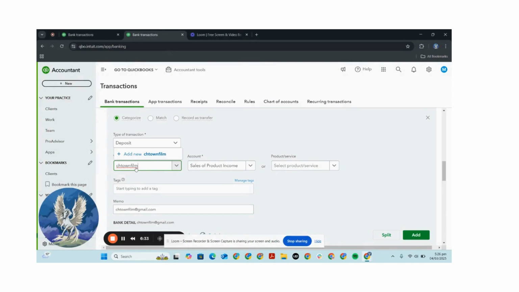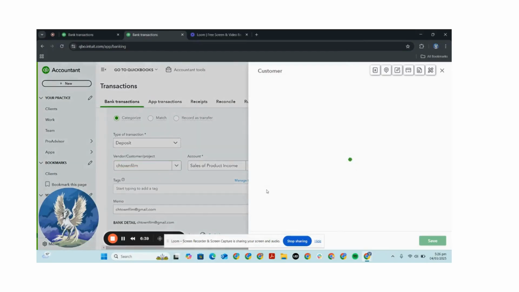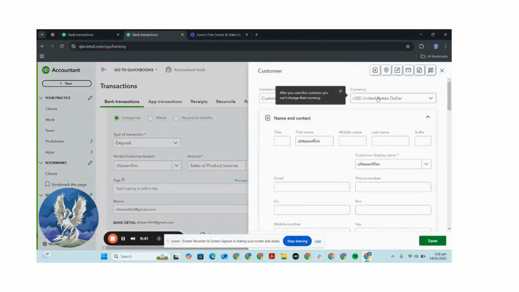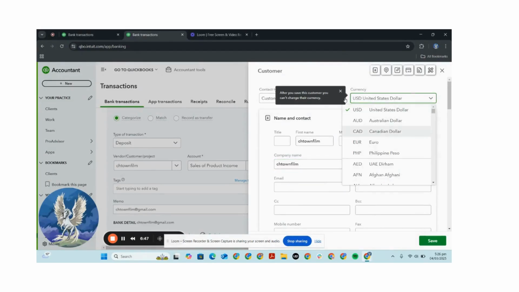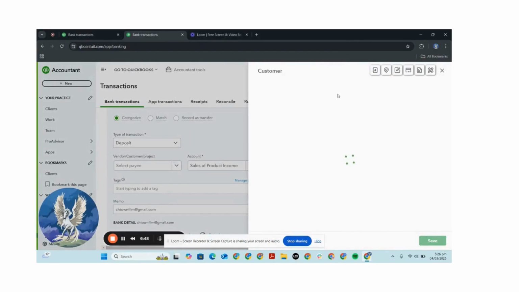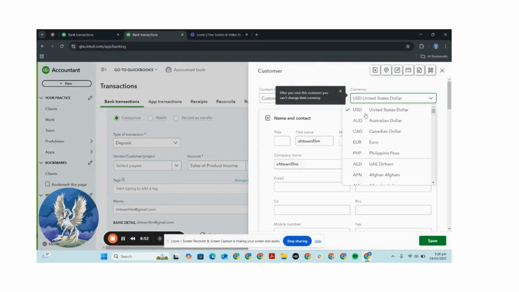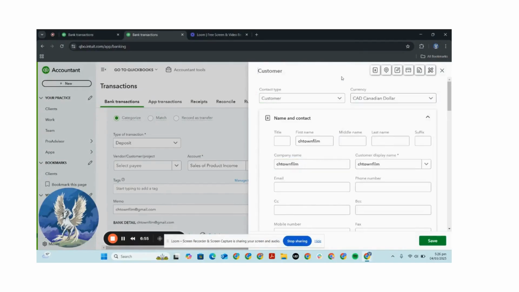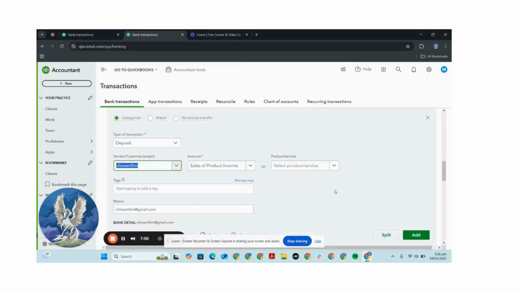So let's suppose, here is the customer. I can add the customer, or I can change the currency as well. It was the Canadian dollar. The bank is Canadian dollar, so I have to change the currency as well. Canadian dollar, and then save. And now I do have a customer and the account as well. Then I hit the add button.